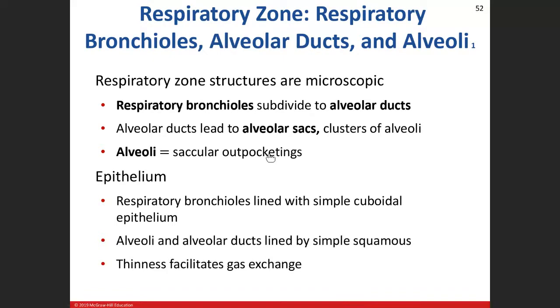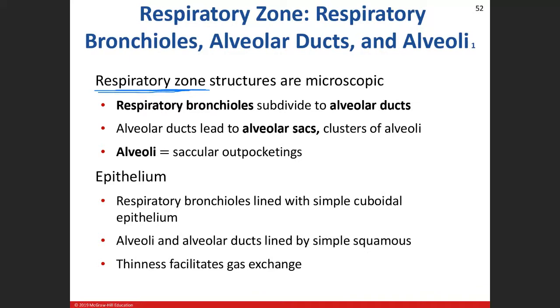Okay. As we move further down, we're going to start to approach the respiratory zone. Functionally, the respiratory zone is very small compared to the conducting zone. The conducting zone includes your oral and nasal cavities, the pharynx, the larynx, the trachea, and all the bronchi, until we get down to the respiratory bronchioles.